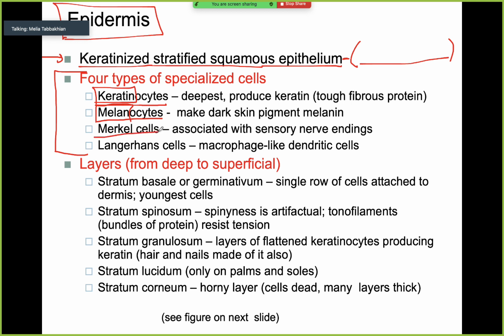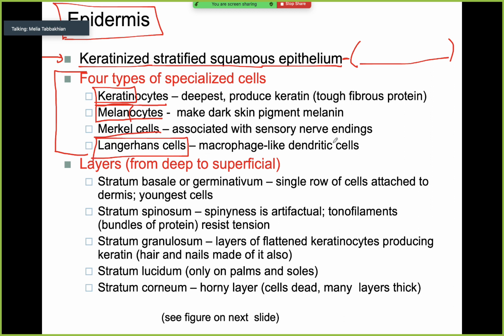The third cell is Merkel cells. These all have to do with your nervous system. So you know how when someone touches you, you feel it. It's because the Merkel cells were able to pick up that sense of touch and send it to the nervous system, to your brain. And then you have Langerhans cells. These are cool because these are your custom immune system cells for your skin.